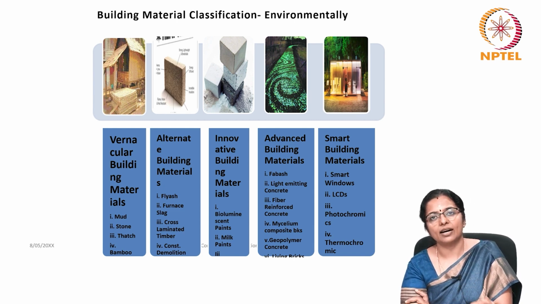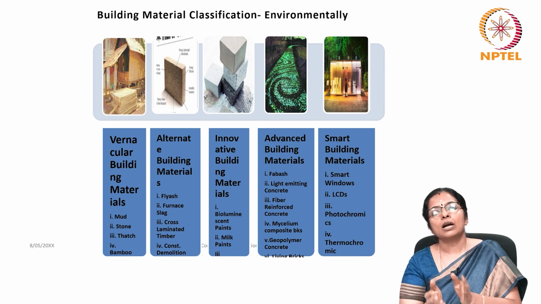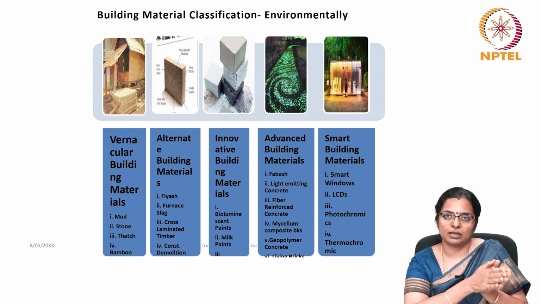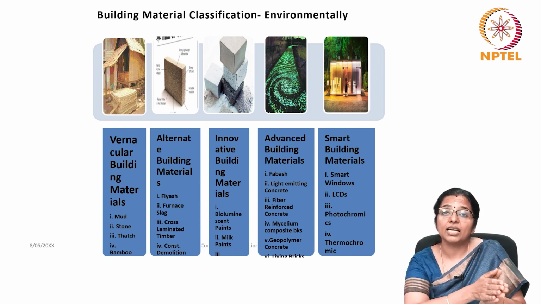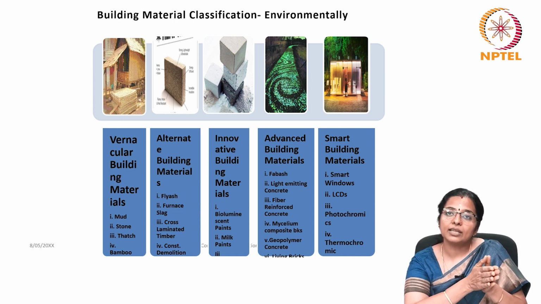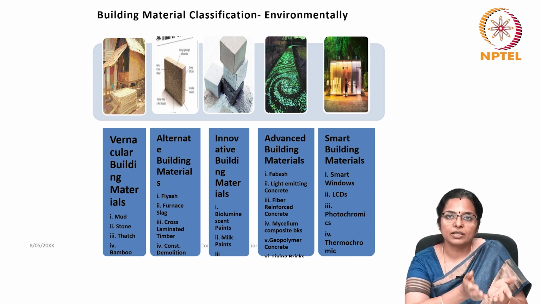So, what are the alternate building materials? Alternate building materials are nothing but materials which use vernacular building materials in conjunction with the prevalent contemporary building materials such as brick or steel and so on, concrete.